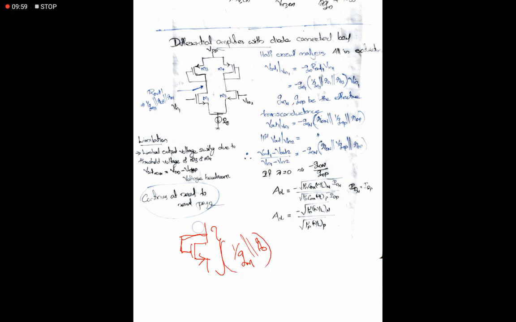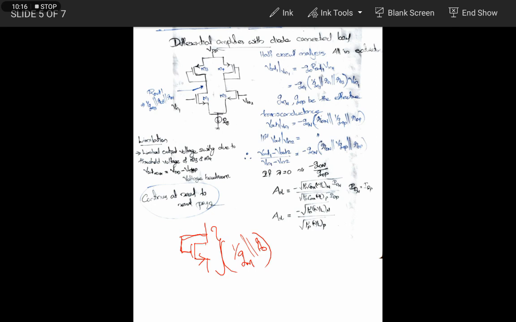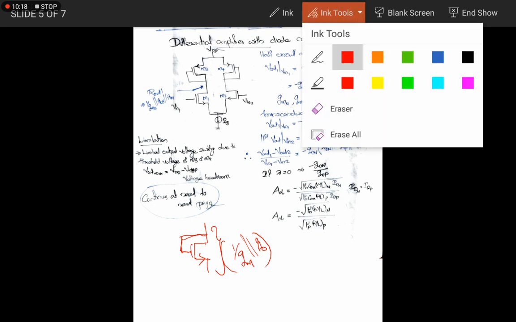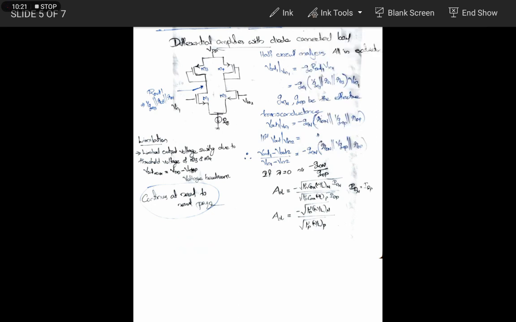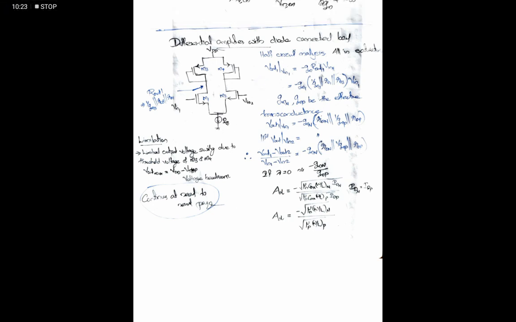Here also the analysis is simple. In the differential pair, the load is replaced with the diode connected MOSFET. So in half circuit analysis, if M1, M2 are identical and M3, M4 are identical, we will consider one of the halves, and replace the load with its equivalent resistance.